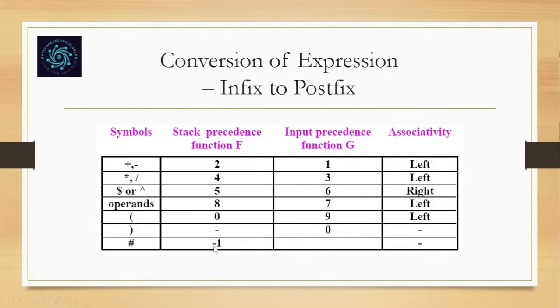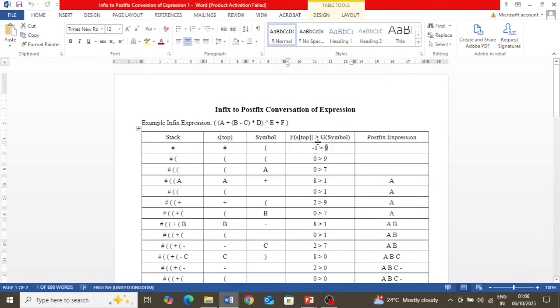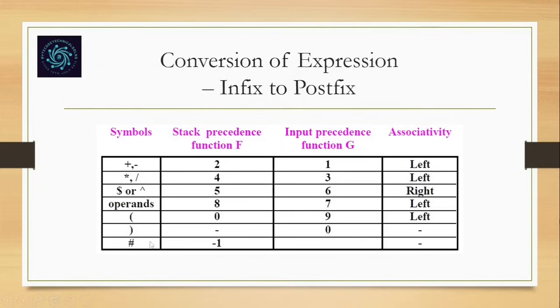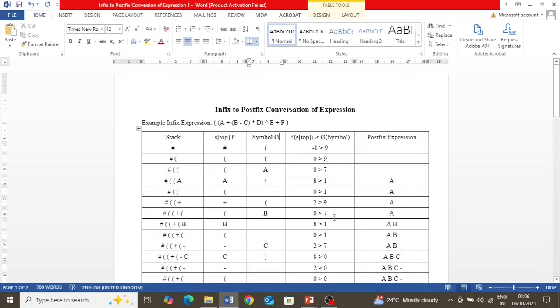We represent these as F and G. In the F we have the hash value as -1, whereas in the G the opening parenthesis value is 9. Those two values we are comparing. Is -1 greater than 9? No. So the first condition fails, and it goes to the second step.